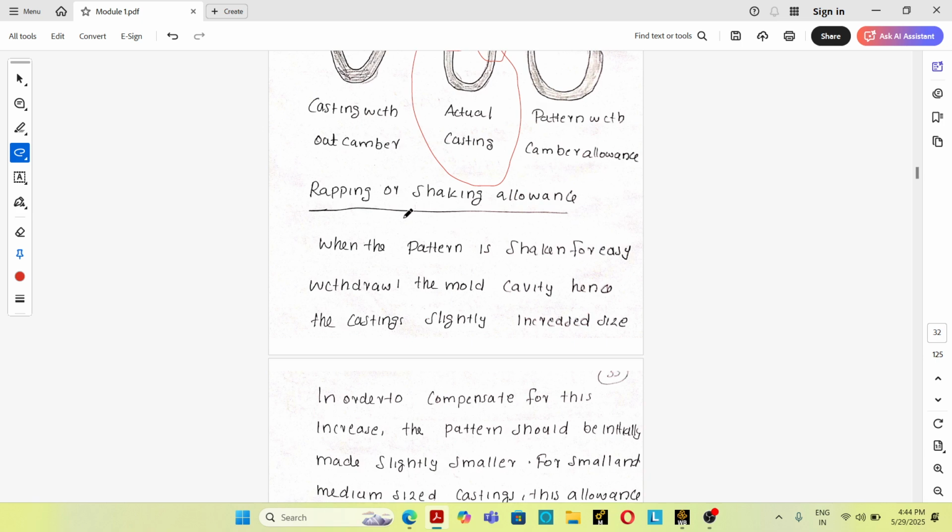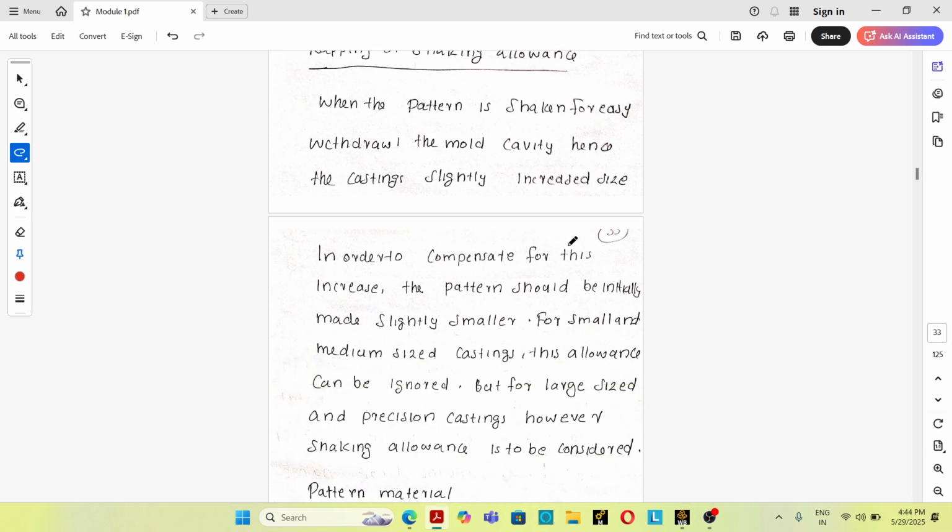The last one is the warping or shaking allowance. If the pattern is shaken for easy withdrawal from the mold cavity, the mold cavity size will be increased.